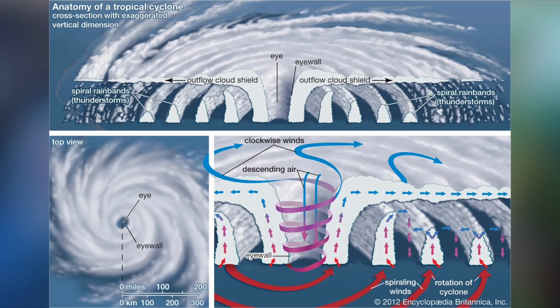I don't know if it's fully understood exactly why this happens the way it does, but it is known that around the center of the eye is where the air is being uplifted, producing the clouds and spiraling upwards, as the air from the outside moves into the low pressure zone.